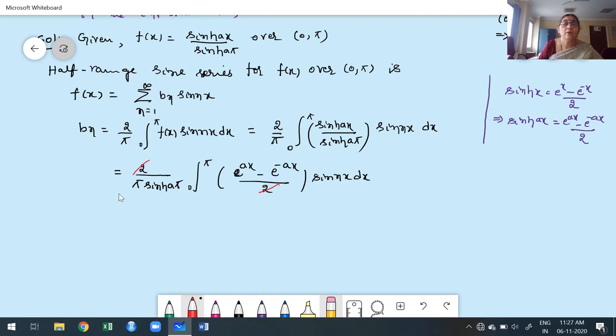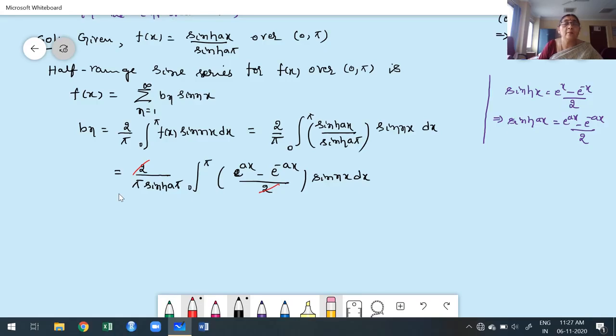Then in the next step, you multiply sin nx with e power ax and e power minus ax, and then by the linear property of integration, take the integration of the first term and the integration of the second term.